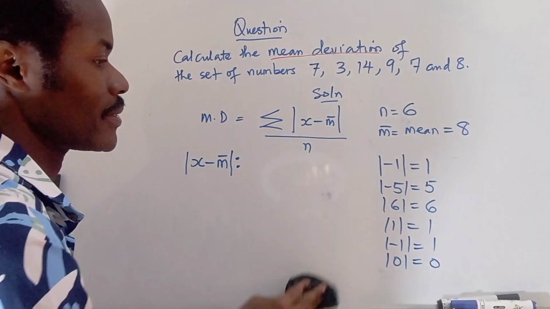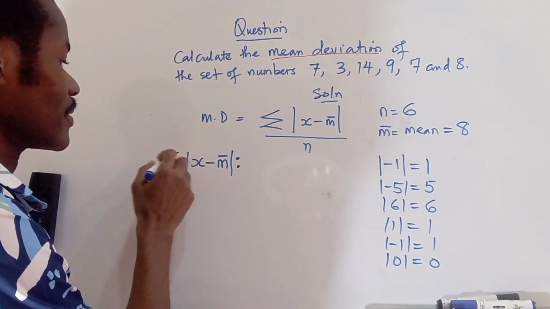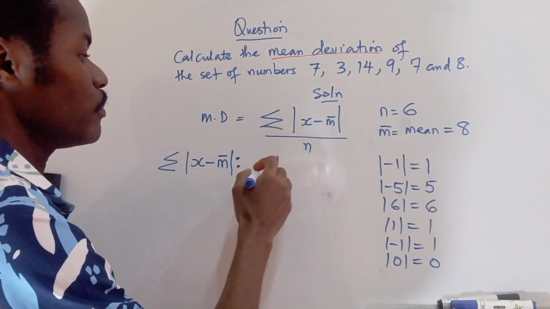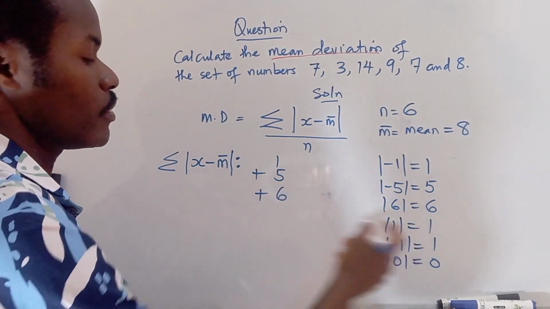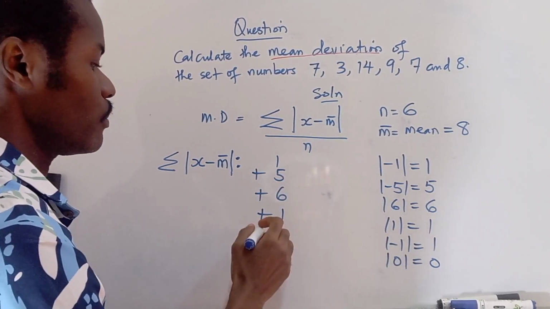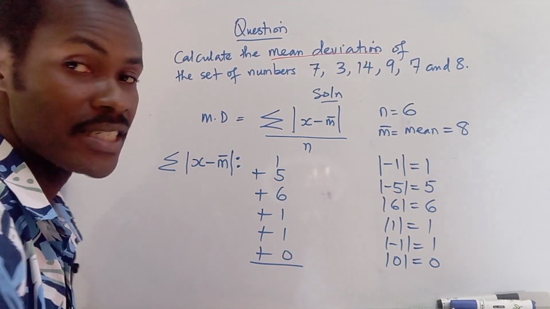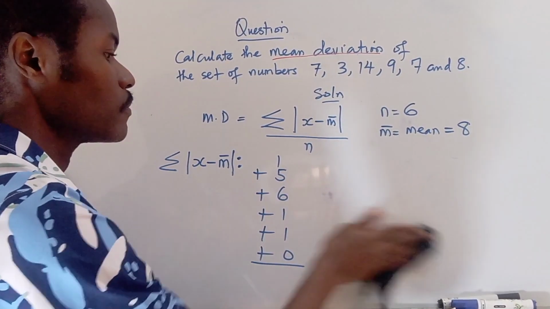Now that we've gotten this set of values, we can now do their sum. So their sum means we have summation. So it means we are going to add 1 plus 5, plus 6, plus 1, plus 1, and plus 0. So let's see what the total is going to give us.